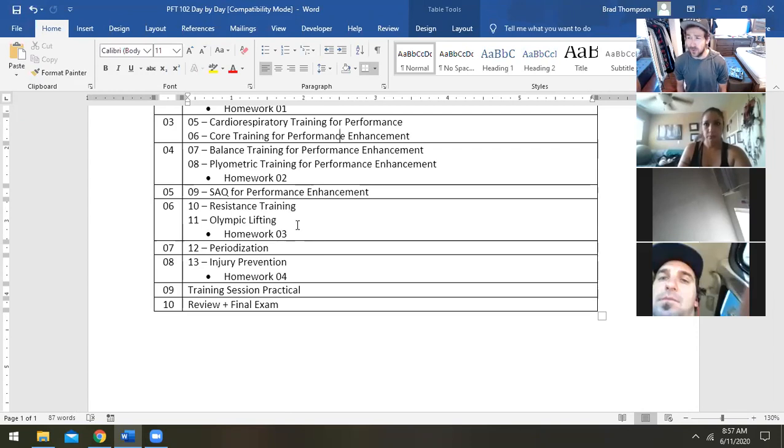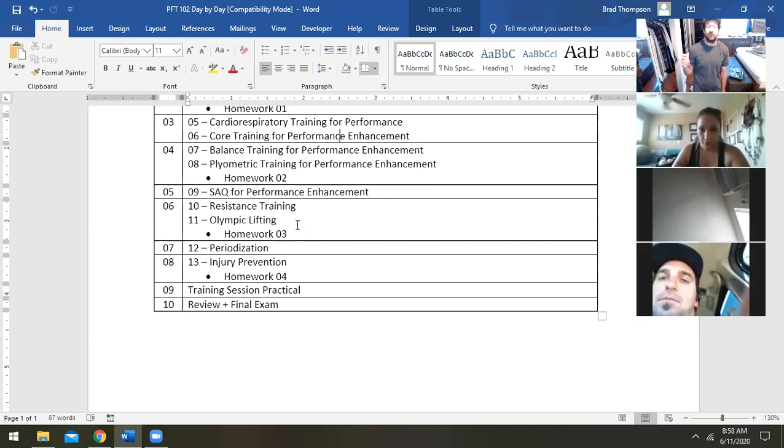This is so interesting because normally I do these breakdowns for a group of students who are brand new, but we didn't get any newbies this month. So a lot of me is just saying we're doing it just like we did last time. Then we've got balance and plyometric, aka reactive training, followed by homework 2. Again, covering those each individually before putting them all together.